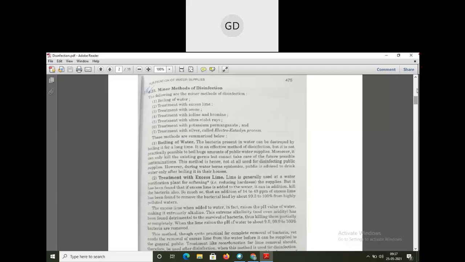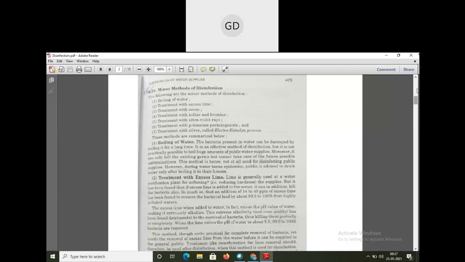When you add an excess amount of lime, it will raise the pH of the water, which means the water will be alkaline in nature.